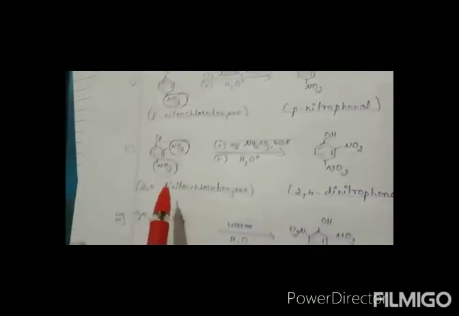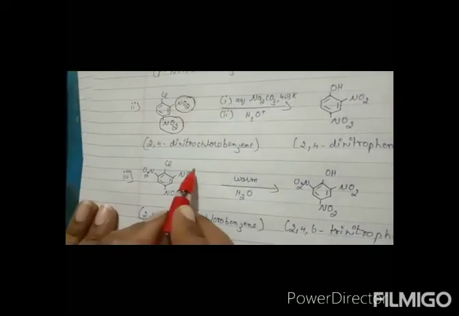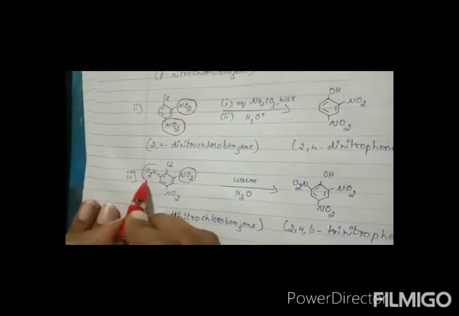Right? Greater the number. So I have 1 electron withdrawing group. Here we have seen the example of 2 electron withdrawing groups. Here I have the example of 3 electron withdrawing groups at both the ortho position and the para position, that is 2,4,6-trinitrochlorobenzene. And see towards the condition. It takes place very easily in the presence of only warm water.